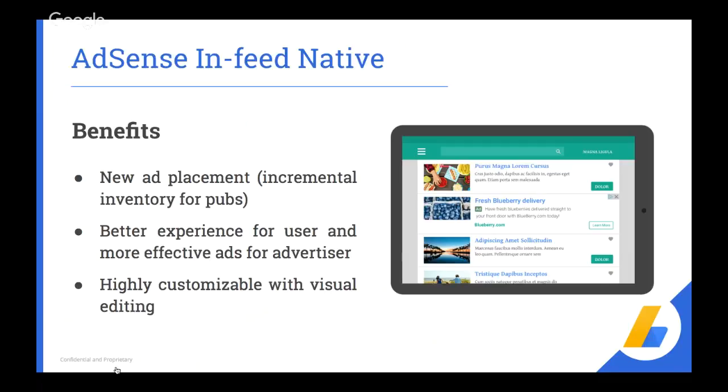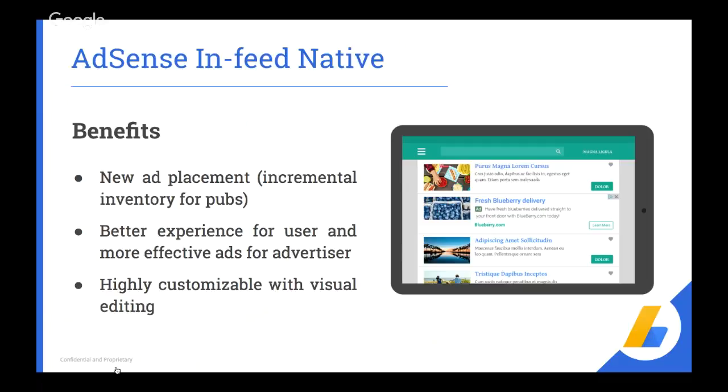So going more in depth, what are in-feed ads? In-feed ads are the new formats that you place inside your feed to help monetize your site and provide a better user experience to your visitors. As Adriana was saying, we have different types of feeds, and an example can be an editorial feed, like a list of articles or news, or listings, like a list of products, services, etc. In-feed ads are native, which means you customize them to match the look and feel of your content.